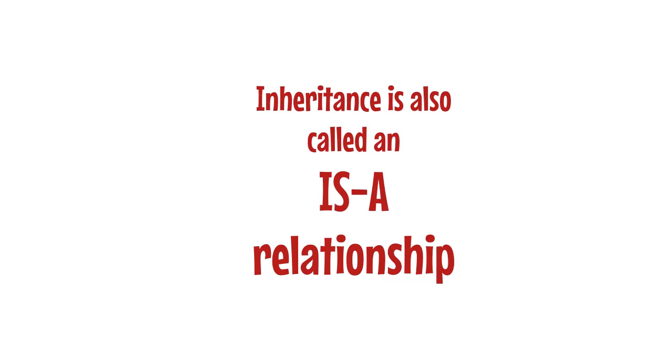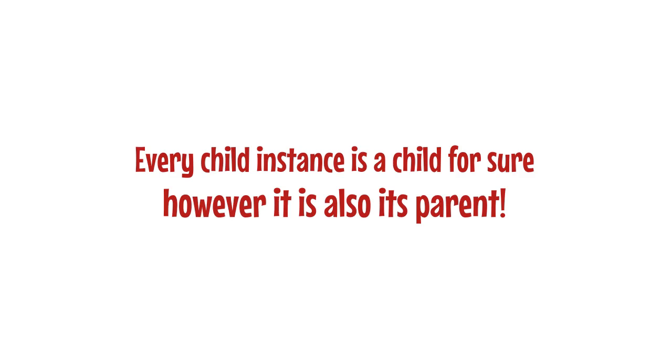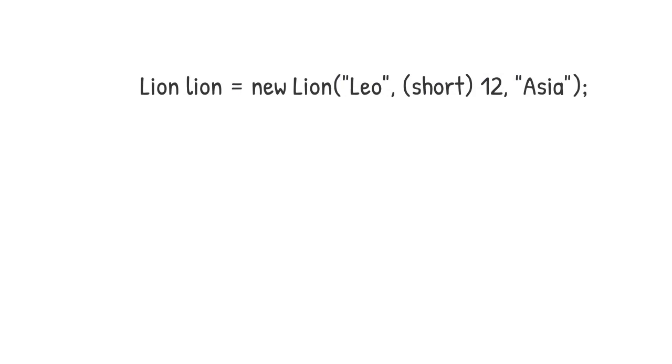Inheritance is also called an is a relationship. What is the meaning of that? What it means is every child instance is a child for sure. However, it is also its parent. Let us take the lion class as an example. When you instantiate the lion class, the object that is created is of type lion.